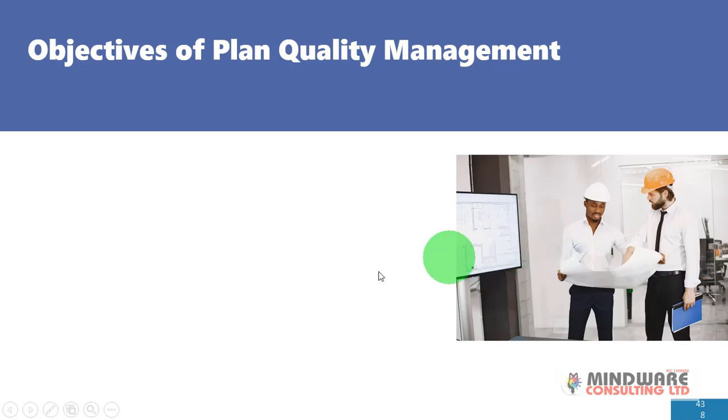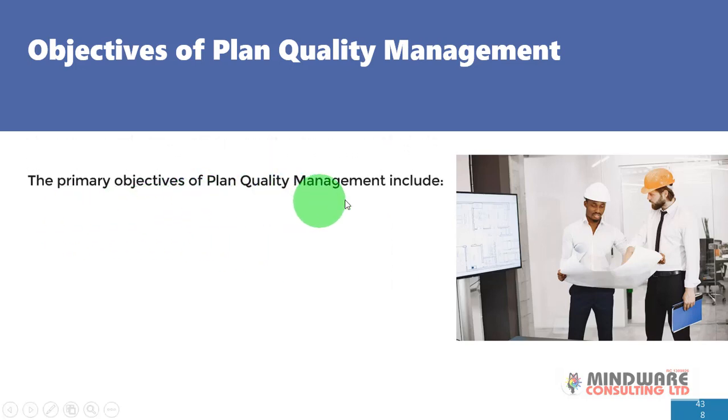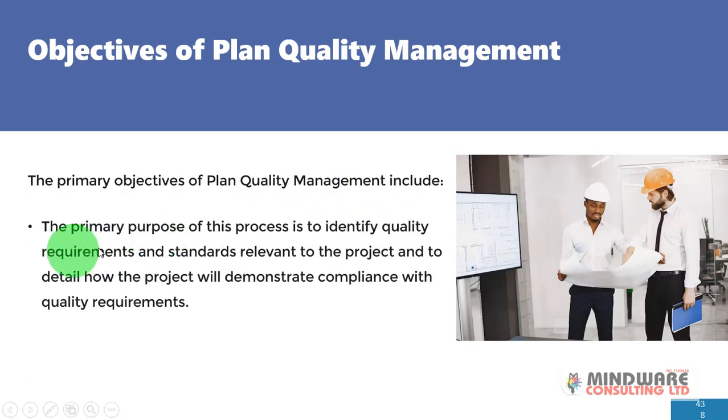Here we go. What objectives are we looking at as project managers when we talk about planning the quality of our project? The primary purpose of this process is to identify quality requirements and standards relevant to the project and to detail how the project will demonstrate compliance with quality requirements. For every project there are quality requirements, and you have to understand that as a project manager.